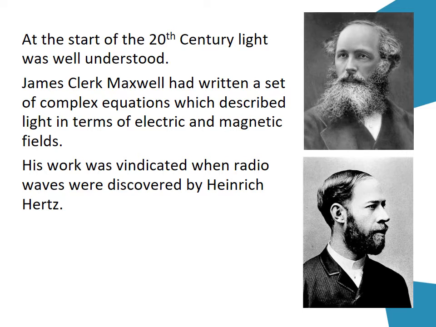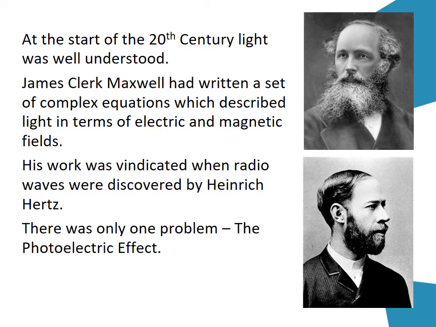When Maxwell put out his equations, he basically wrote a set of assumptions that meant this is what should happen at all levels of the electromagnetic radiation spectrum. And using that, Hertz was able to then discover radio waves exactly where they were predicted to be. The only issue with all of this was one thing, and that was called the photoelectric effect.